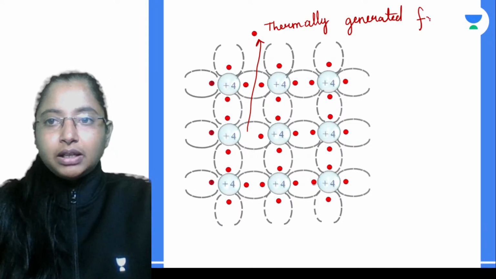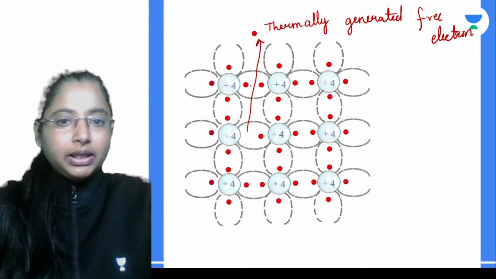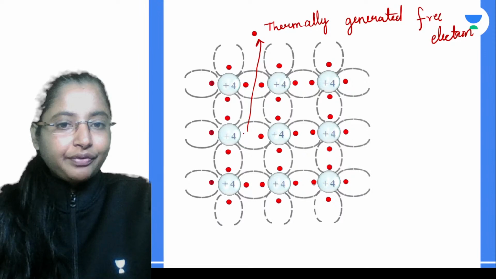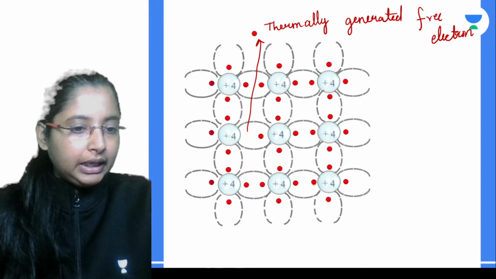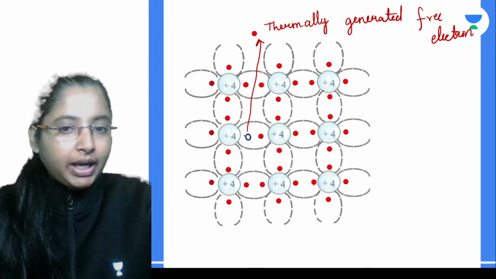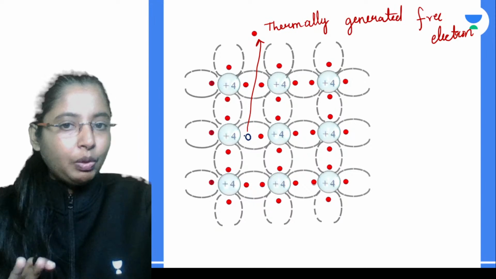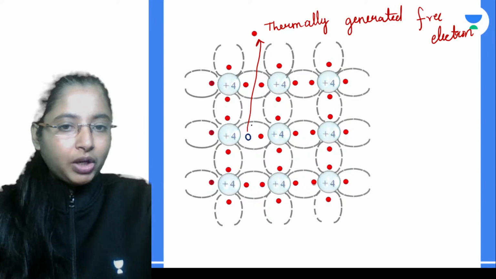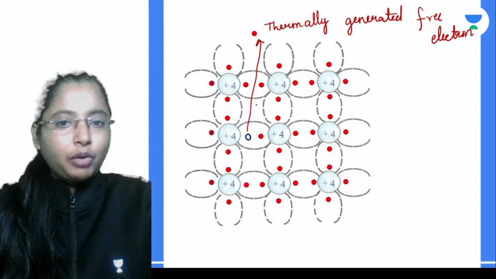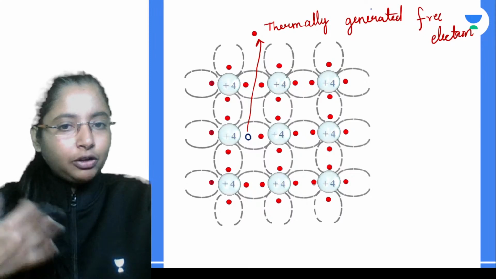Now, this electron is thermally generated. So what happens to this place over here? There is a vacancy here, which means there is a deficit of an electron. One electron can come and occupy this place. Because of thermal excitation, even under normal temperature, one electron completely leaves.